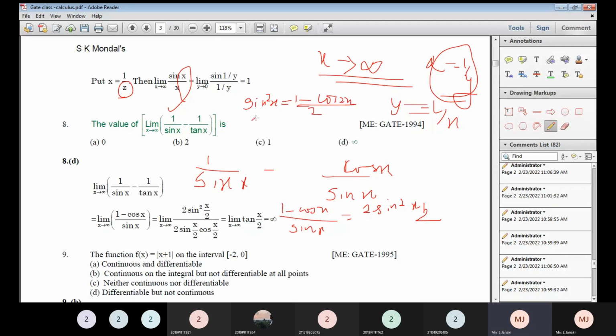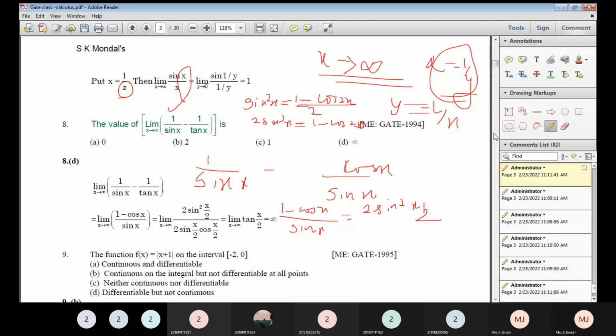So 2 sin square x is equal to 1 minus cos 2x. Here in 1 minus cos x, 2 is not there, so the x becomes x by 2. Therefore 2 sin square x by 2 is nothing but 1 minus cos x.